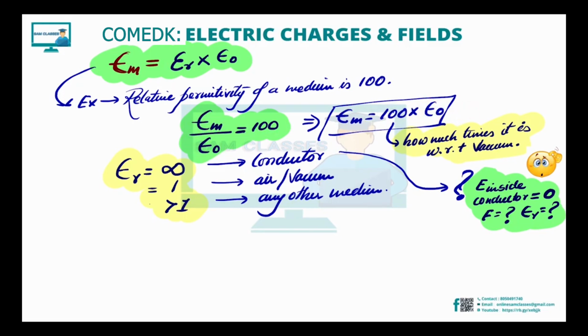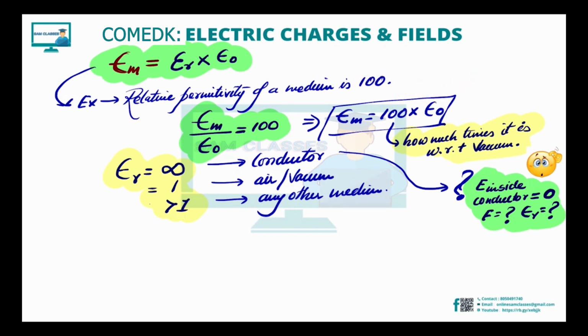If somebody says the permittivity of, let's say, water is a rough value of 7, it means it is 7 times stronger than the permittivity of vacuum.